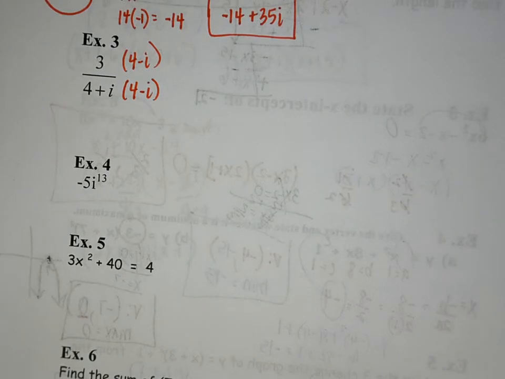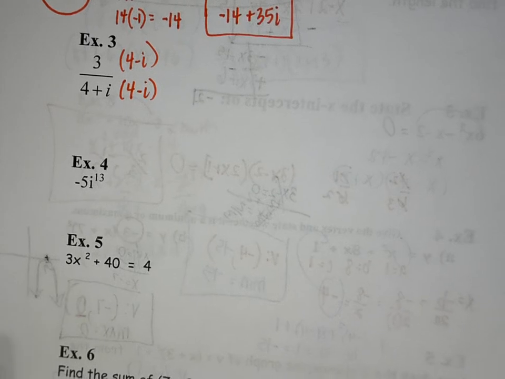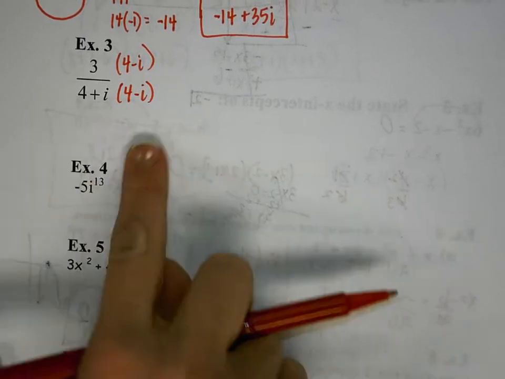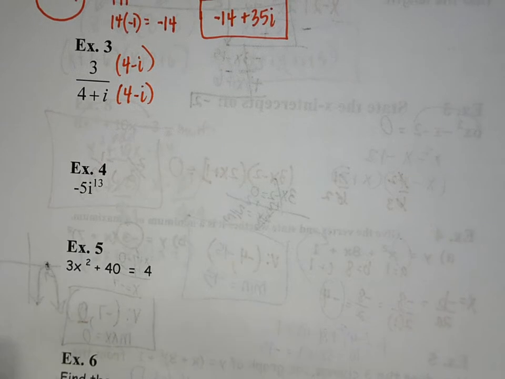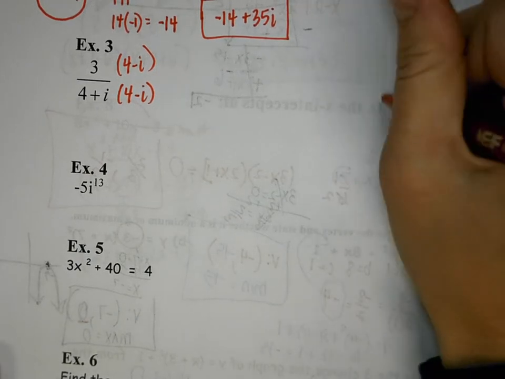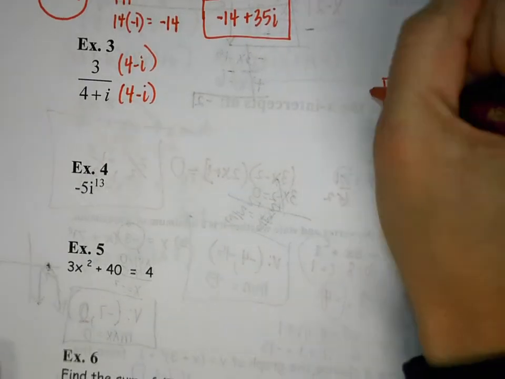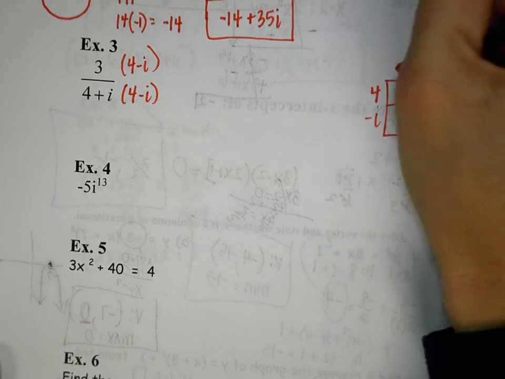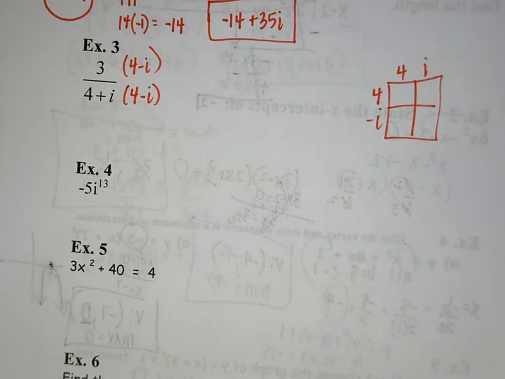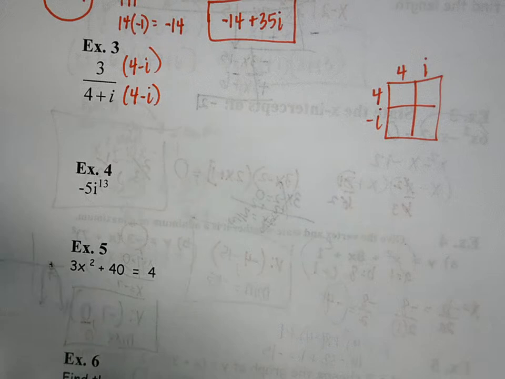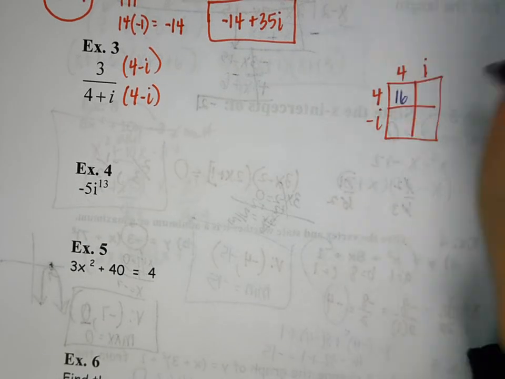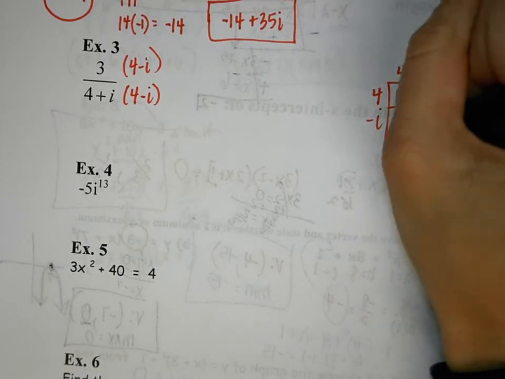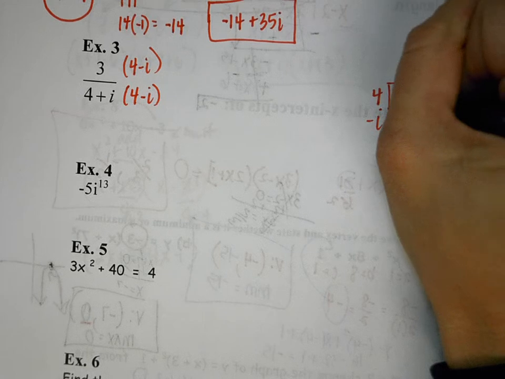Okay? So when we multiply this, you can use your box if you want to on this to make sure you don't mess up. So if I go to the side here and do that, we have a 4 and a negative i and 4 and a positive i. So 4 times 4 is 16. And then we have 4 times i is 4i. 4 times negative i is negative 4i.